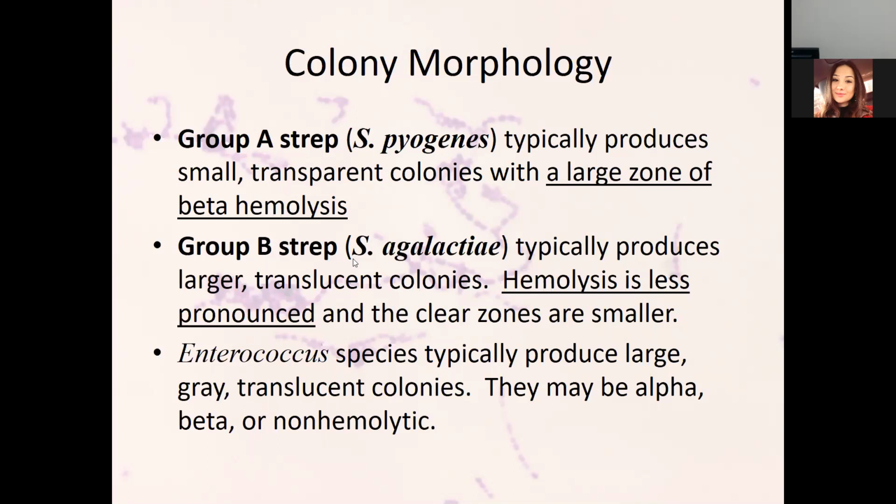Group B strep that we typically see with our pregnancies. If you were pregnant, you went into the hospital and they hadn't checked this yet, they would check for a strep B in the birth canal. They probably would have done it with some kind of quick indicator test, because my wife got this done like, I don't know, an hour before birth.